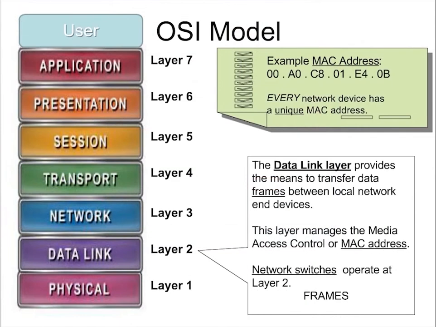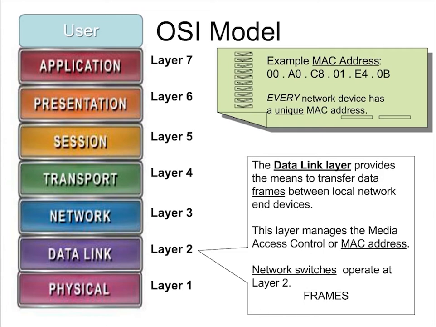Layer 2, important. The data link layer provides a means to transfer these frames, again, it calls them frames, we're going to call them packets, between local end devices. This is where we're really interested in where the actual destination lives. And at this layer, it manages something called the Media Access Control, or the MAC address.